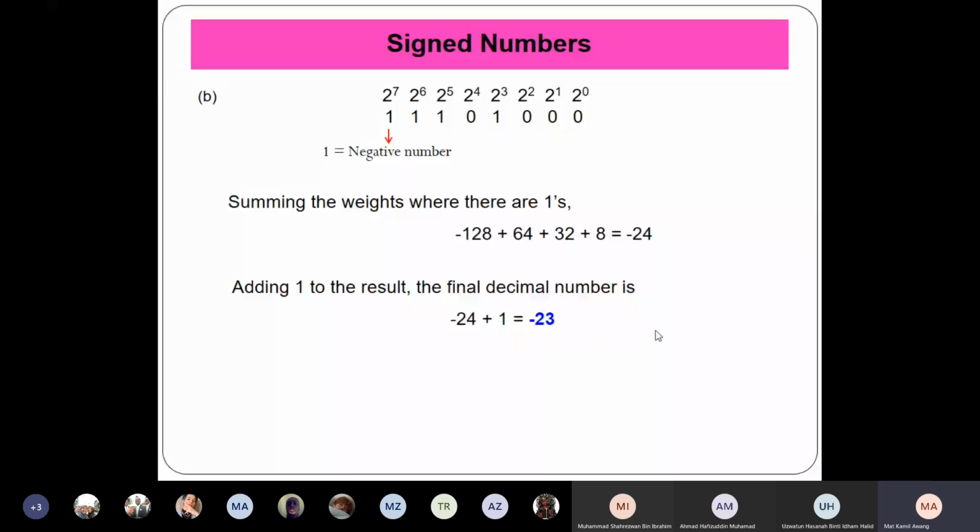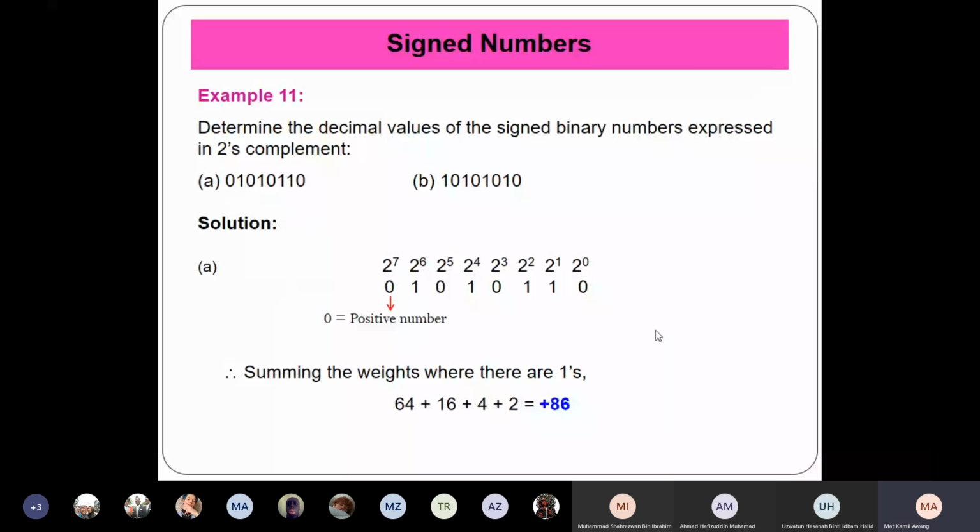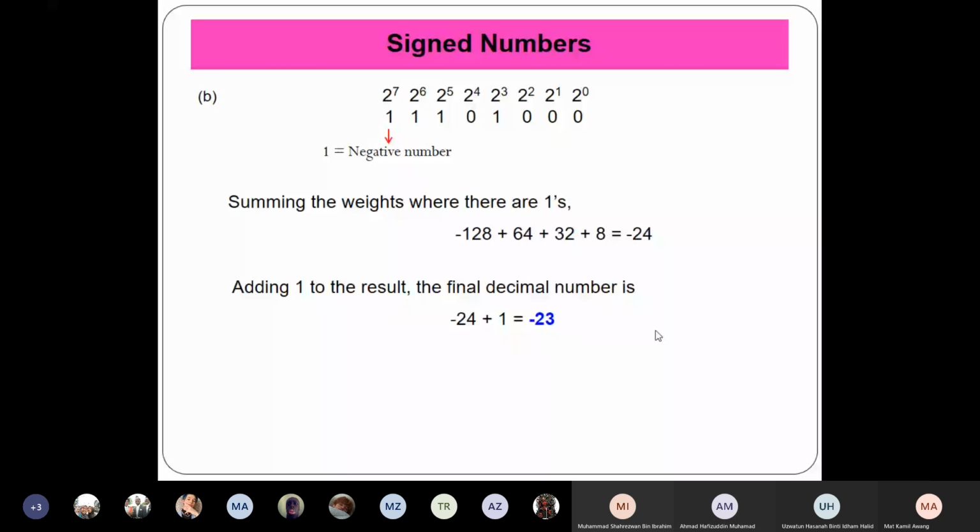Okay. So this is actually, to me, a more difficult way. Most probably there is an easier way to calculate. Try to do this.